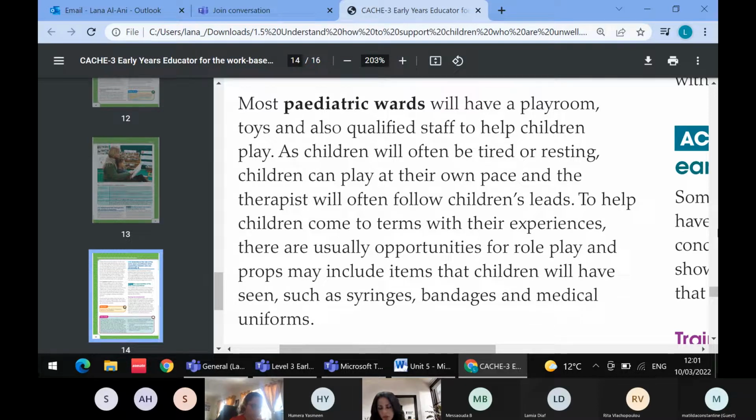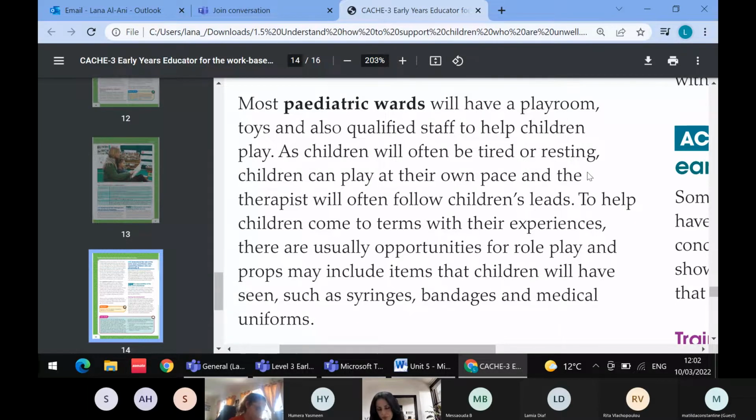In the hospital, there are usually so many opportunities for different types of games or role play that they can do with the children to make them make sense of the hospital. Some of them might show them the medical uniform or talk about the way they work there. So they do role playing.